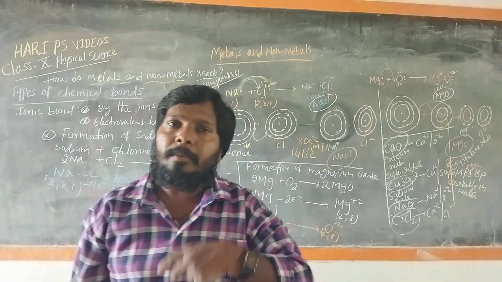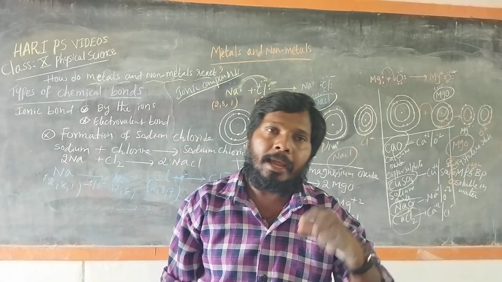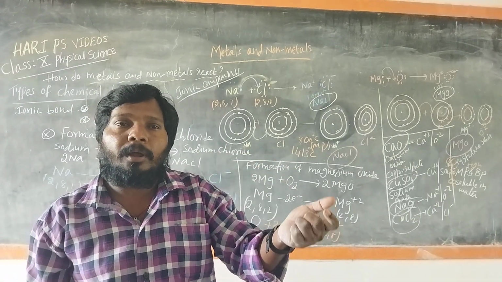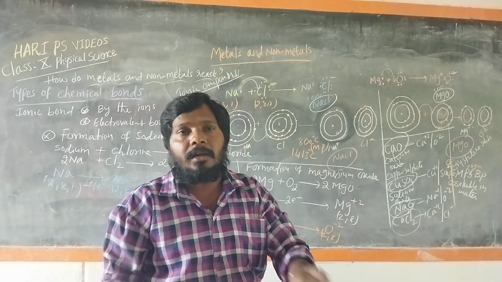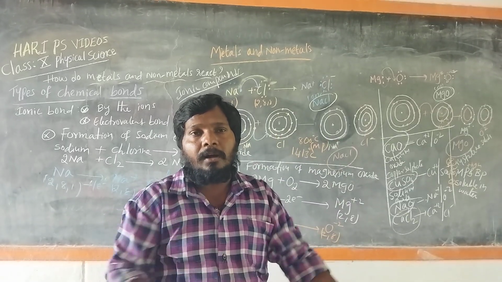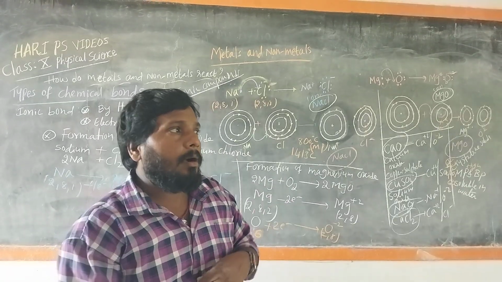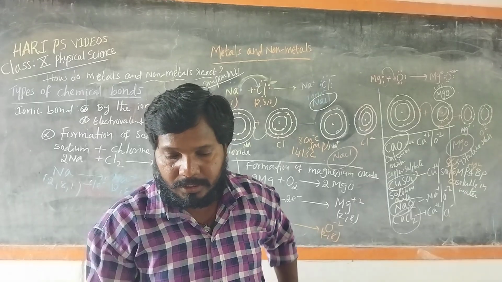Sodium chloride is an ionic compound having a crystalline structure and high melting and boiling points. Salt dissolves in water, but ionic compounds do not dissolve in alcohol or other such compounds.